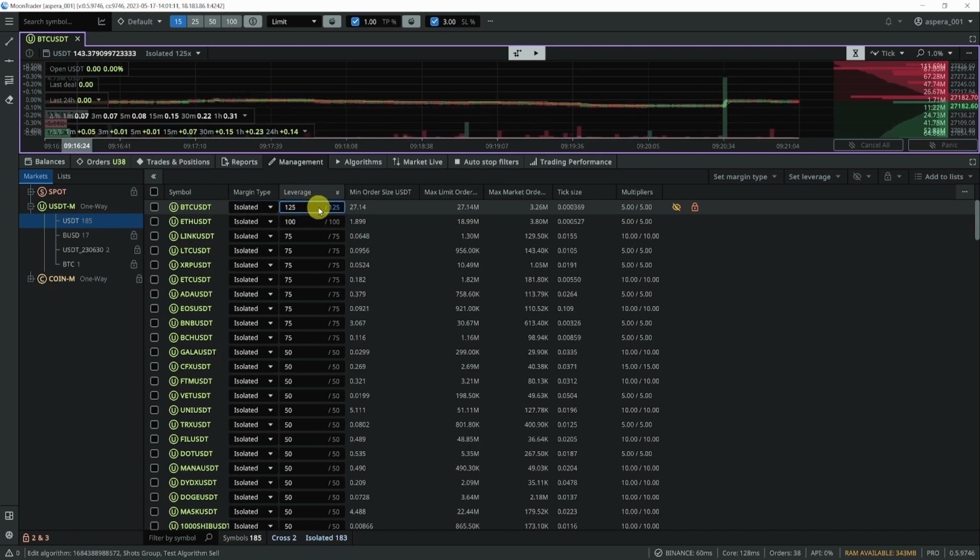Let's look at Bitcoin. It is the most trusted coin here with leverage of 125. It just means that whatever money you have and you want to trade Bitcoin, the exchange gives you the opportunity to trade 125 times bigger order sizes than the margin, the real money that you actually have.